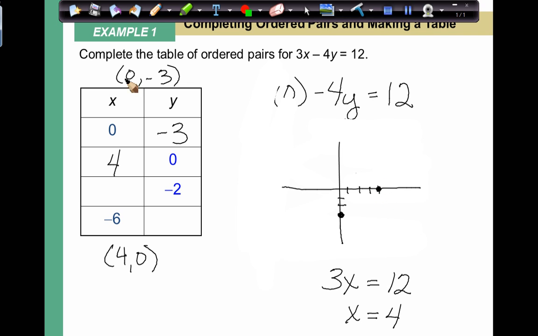And so notice this point where x is 0 is a y-intercept, and this point where y is 0 is an x-intercept. And these 2 points are particularly special because they are intercepts. But if we connect the dots, if we have 2 points and connect them, then we have the graph of our line.